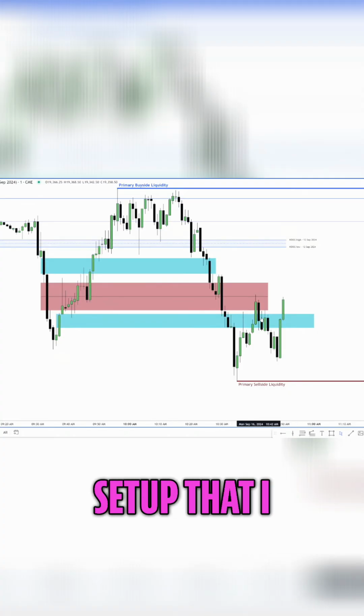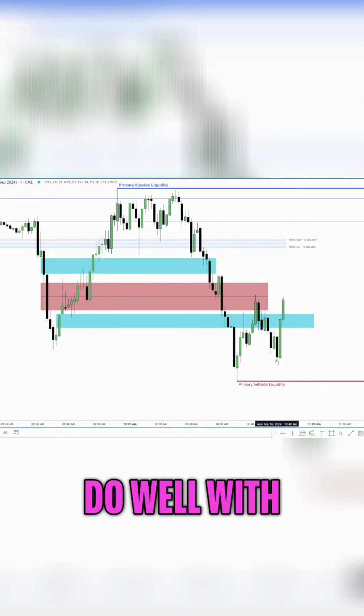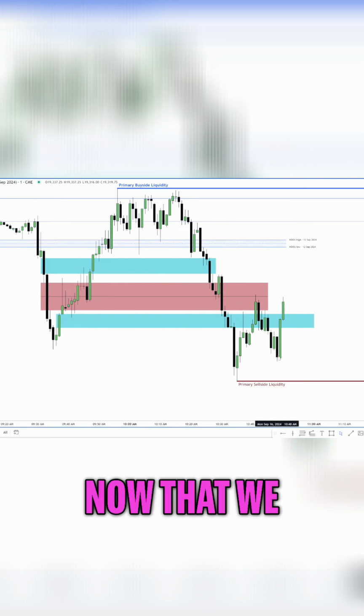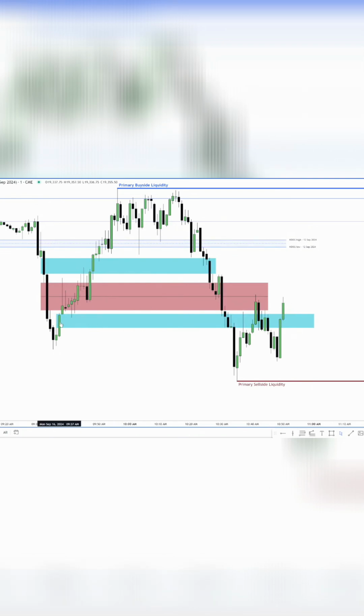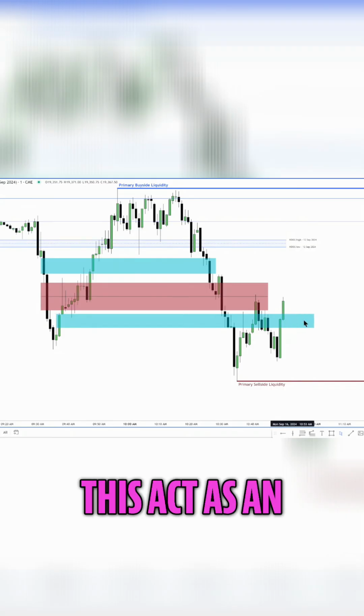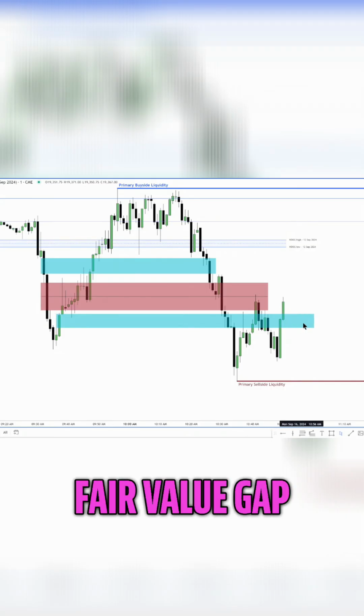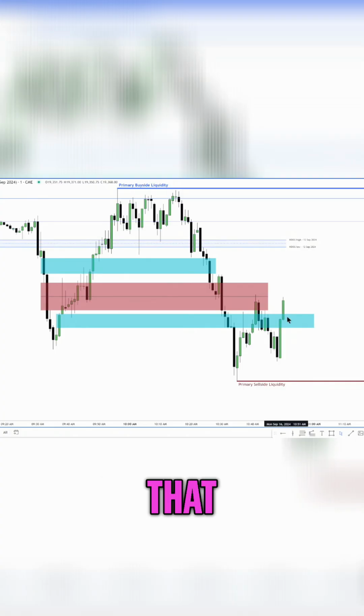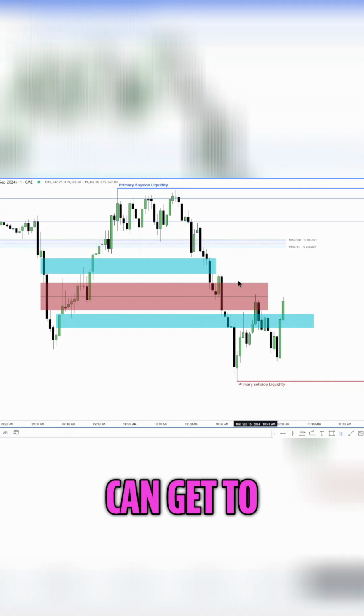That is a trade setup that I think that my son would do well with. It's a real easy bread and butter type setup. Now that we rally back above this gap over here, I want to see this act as an inversion fair value gap. It need not trade to it, but if it does, if it trades down into it, we can use that as a stepping stone to see if we can get to the buy side.